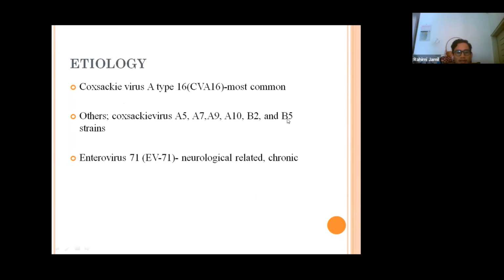For the etiology, multiple enterovirus serotypes can cause HFMD, but the most common is Coxsackie virus A type 16. Other serotypes are A5, A7, A9, and others. Enterovirus 71 is a rare, severe case, related to neurological and CNS manifestations.